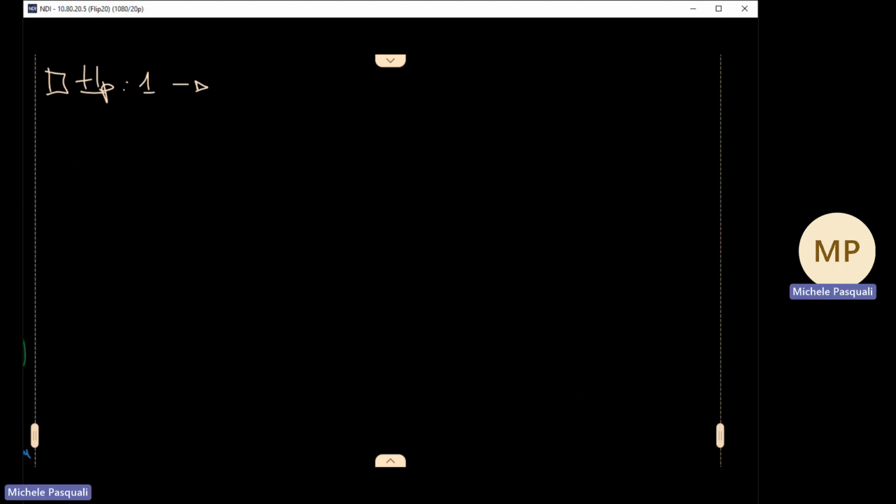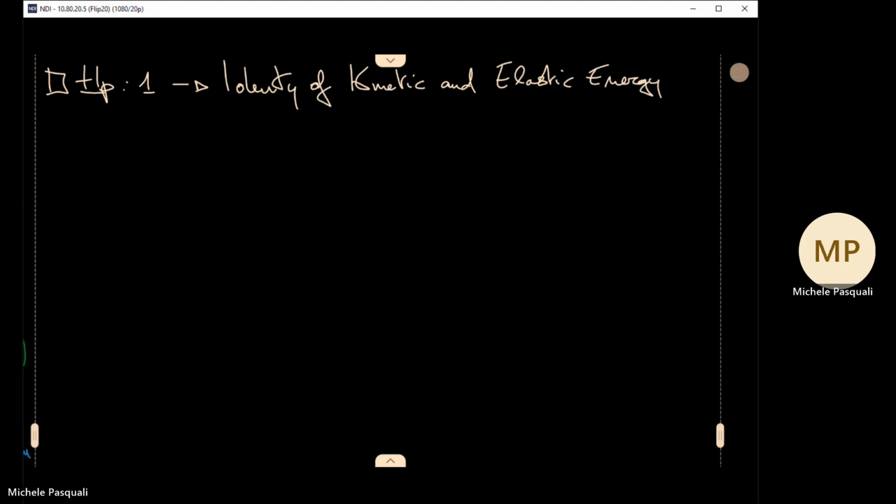So, okay, we have to impose, if you want, conservation of energy. So identity of kinetic and elastic energy between original and reduced model.